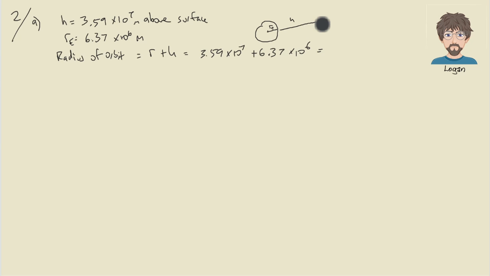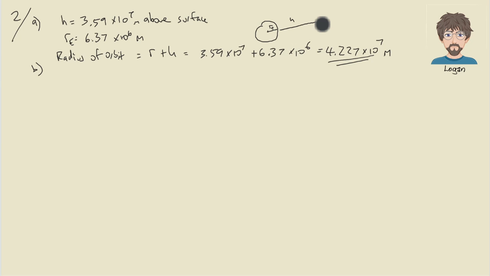So here we could, for example, make this 0.637 times 10 to the 7, and then add that to that. So that would be fine too. So 3.59 plus 0.637 gives us 4.227 times 10 to the 7 meters.